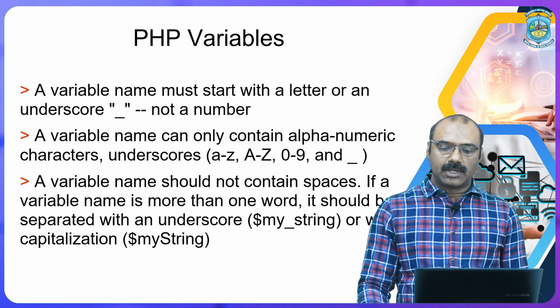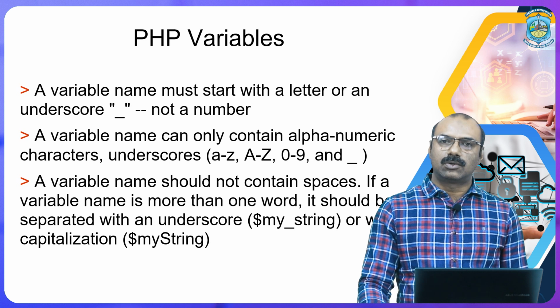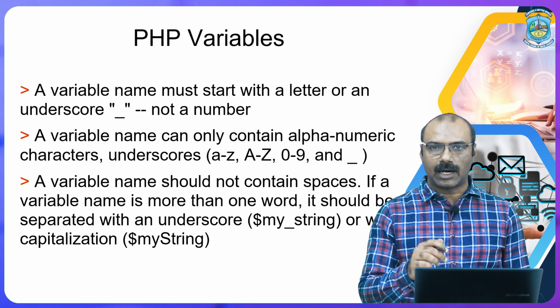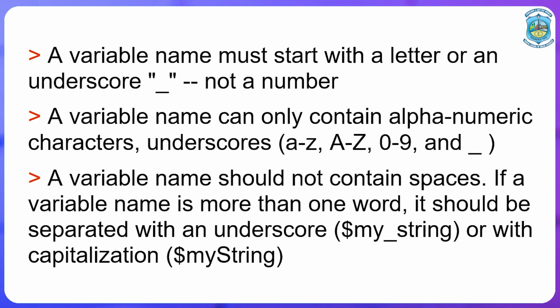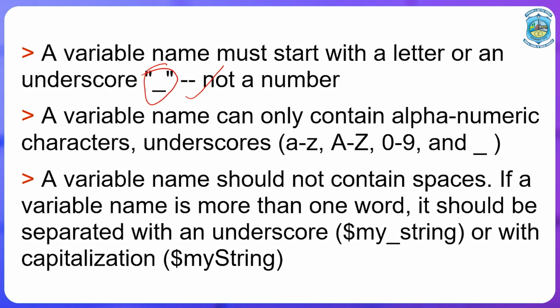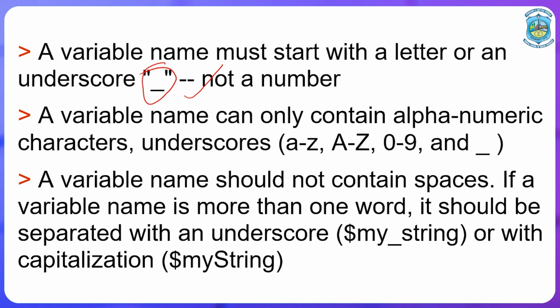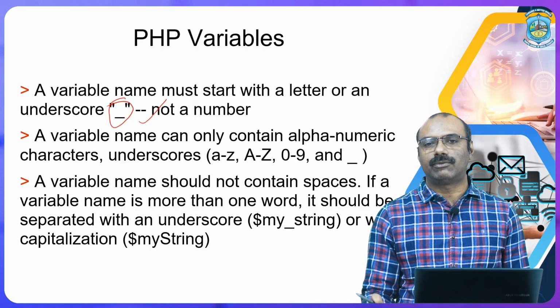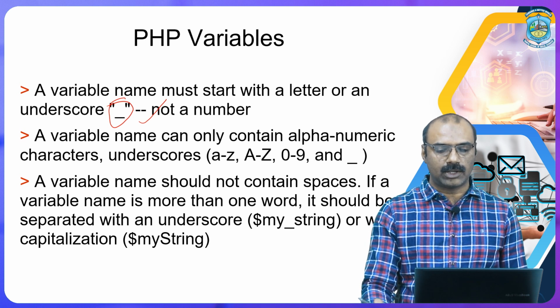A variable name must start with a letter or an underscore symbol, not a hyphen but an underscore. Both are different, as you can see on the screen. This is an underscore and this is a hyphen. A variable name can only contain alphanumeric characters, like from small a to small z.